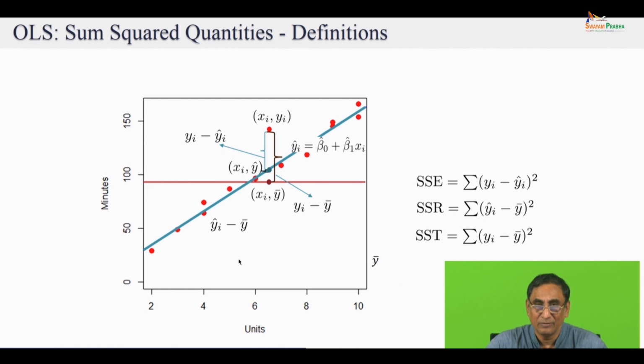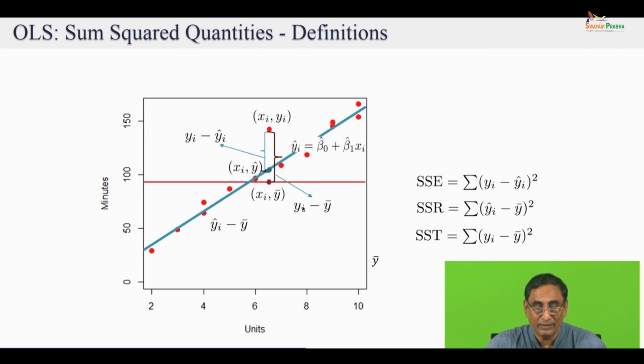Now, suppose we believe that a constant model is good, then we would have fitted this particular horizontal line, which would be the best fit representing y bar. The best estimate of the constant model is the mean of y. For all values of x, our best prediction for yi is the mean value of y, which means x has no relevance, beta 1 is 0.